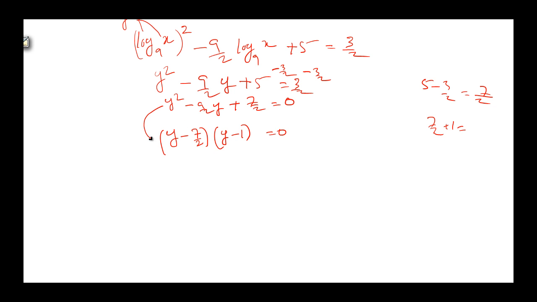Okay. Now this is of the form of a product of two numbers equal to 0. So when the product of two numbers is equal to 0, at least one of the numbers is 0. Otherwise it's not possible. So this gives us two possibilities. That is, either the first number is 0 or the second number is 0.